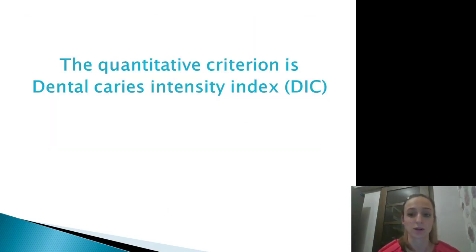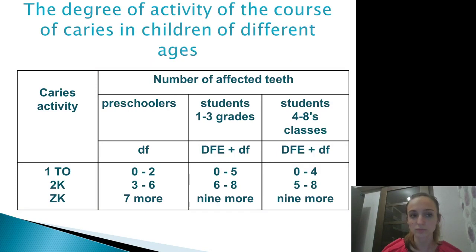Then the quantitative criterion is the dental caries intensity index. The degree of activity of the course of caries in children of different ages. On this table, we should write the index of intensity of caries. It is an index when we know the summary of teeth that have, for example, caries or fillings or extracted teeth.